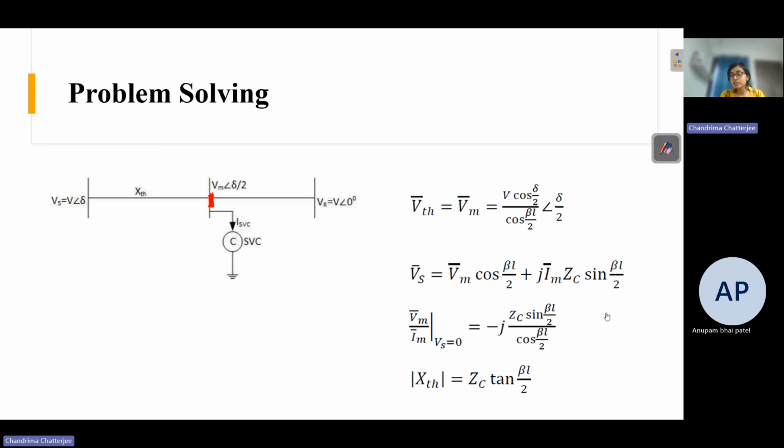You know what a Thevenin equivalent circuit is. In basic electrical, you must have studied Thevenin, Norton, all these things. In a Thevenin equivalent circuit, we determine the Thevenin voltage, VTH, and we also determine the equivalent Thevenin impedance, ZTH.